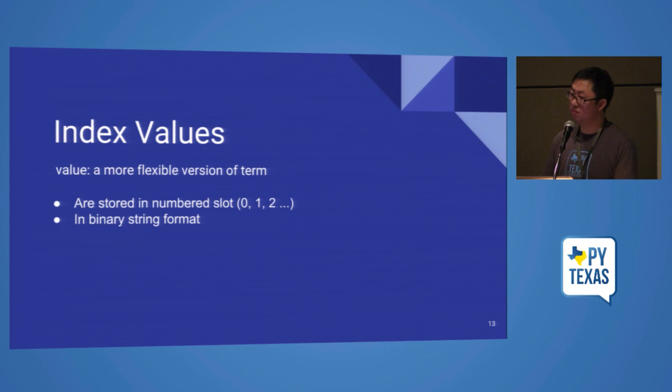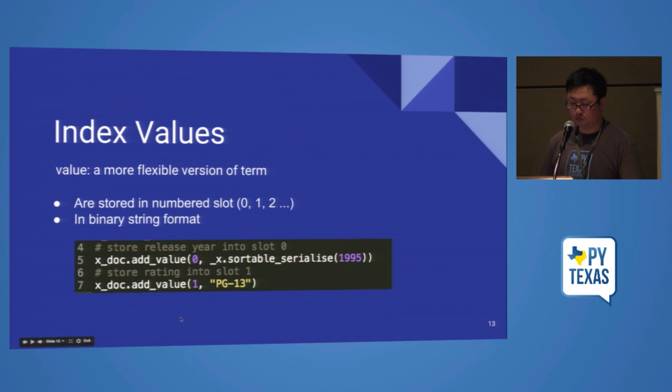So now we have the terms being indexed. We can add values. Remember, we mentioned a value is usually a number or a date that we put into a slot in the document. Values are in binary string format. To add a value, we call the add value method on the xdoc object, telling Xapian which slot we want to add the value to.